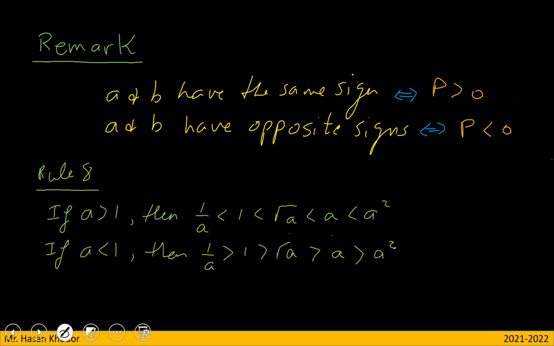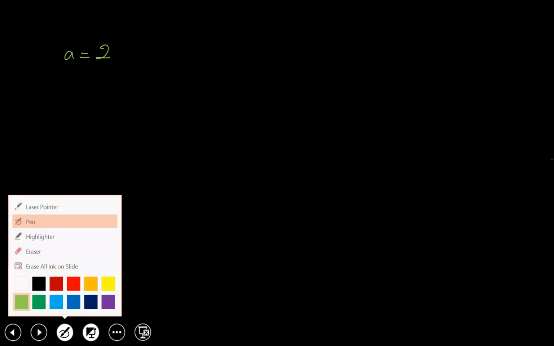And we did take examples about this. If you want, we can repeat the examples again. Let's say I have A equals to 2, for example. Now let's investigate the others. What about A squared?